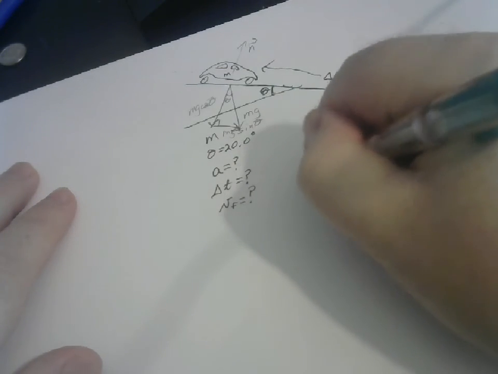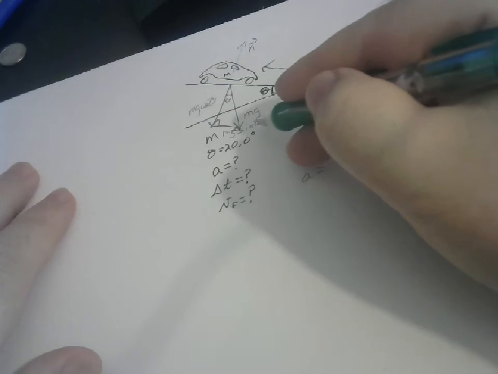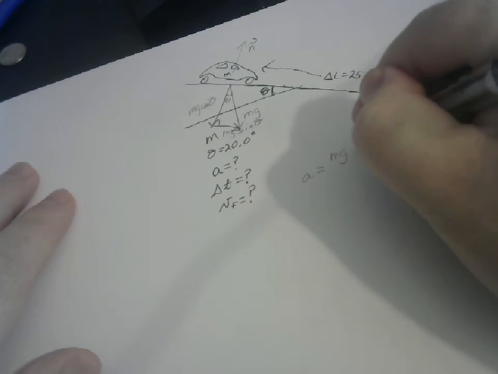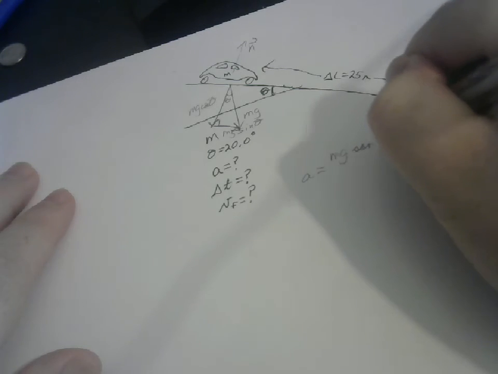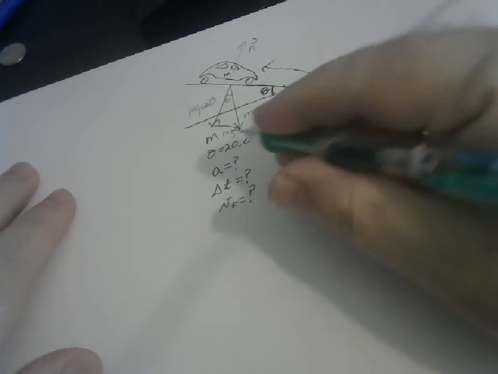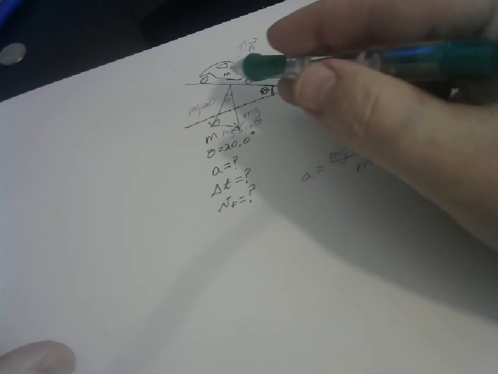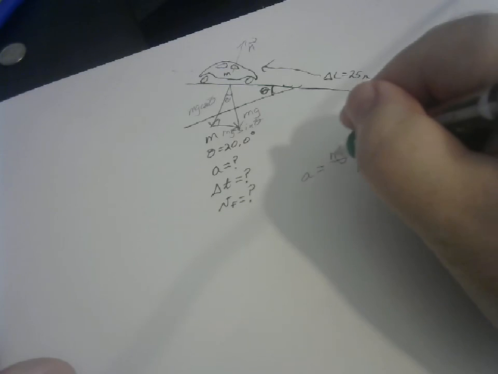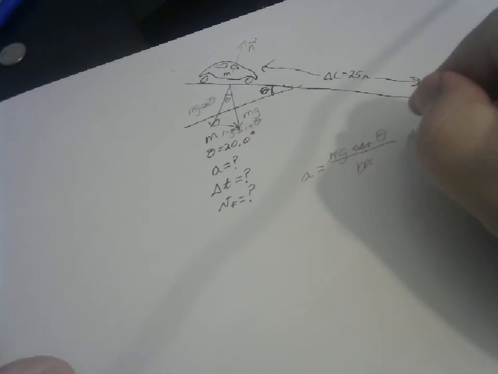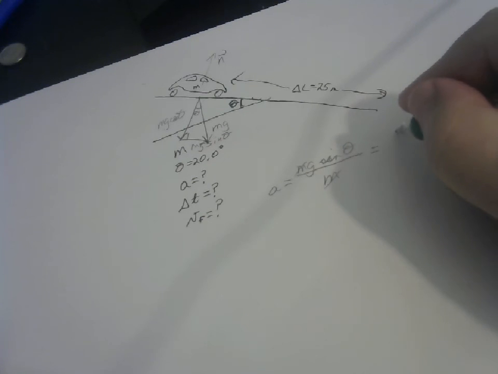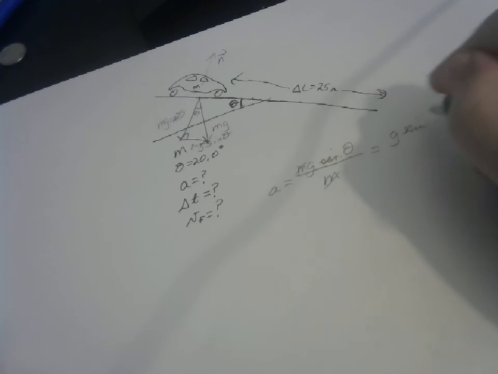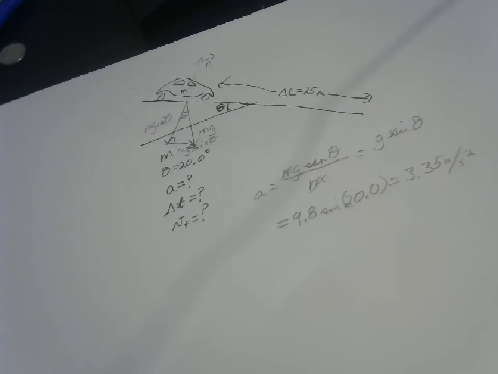So we're going to say that the acceleration is equal to that parallel part of the gravity divided by the mass of the car. And you can see why they didn't bother to tell us the mass of the car, because these two things cancel out, and the acceleration is just g sine theta. So plugging in g is 9.8 and theta is 20 degrees, we get 3.35 meters per second squared as our acceleration.